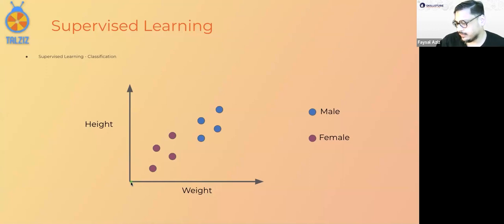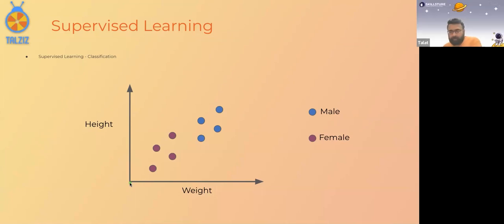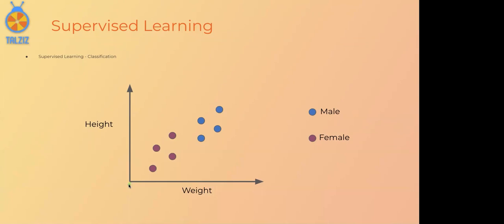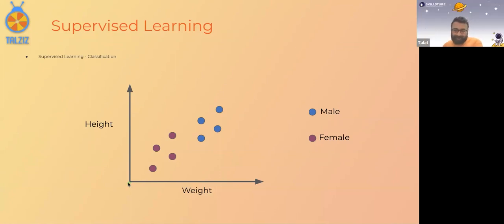I can't really think of anything. Talab, can you think of any other features that we could possibly use? I mean, for male and female, other than height and weight, perhaps you can also use BMI. Perhaps the length of hair. Okay, yeah, length of hair. Let's take length of hair.